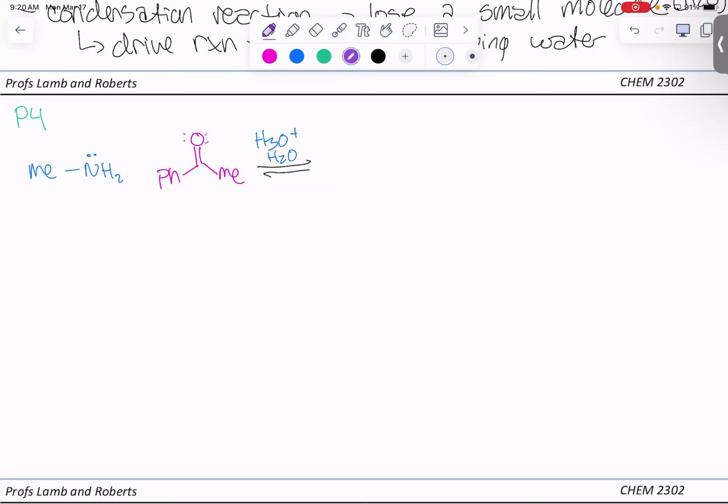But because we have this weakly acidic solution, we can just take the lone pair of electrons on our nitrogen and have it attack that electrophilic position at the base of our carbonyl. That means we're going to break our OH bond and place the lone pair of electrons on our oxygen, right? Whenever we're breaking a bond, there's a set of electrons, and we need to put those somewhere, and that's at the top of our oxygen.